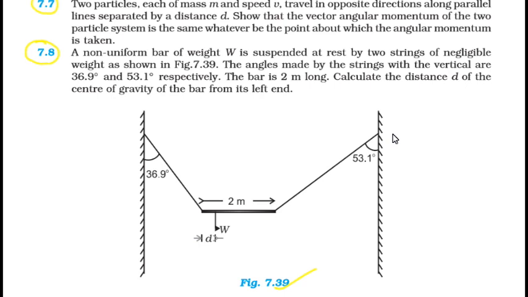The angles made by the strings with verticals are 36.9 degrees and 53.1 degrees respectively. The bar is 2 meter long. Calculate the distance d of the center of gravity of the bar from the left end. Okay, let us see the solution.